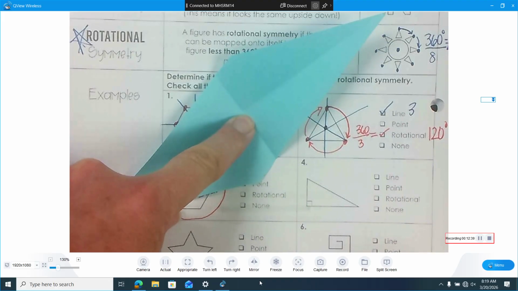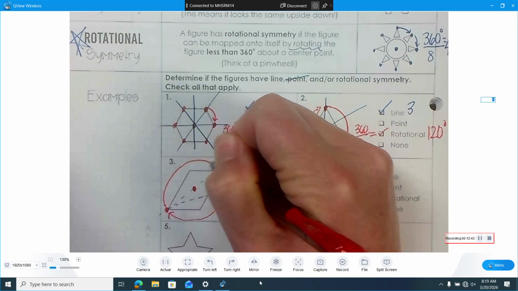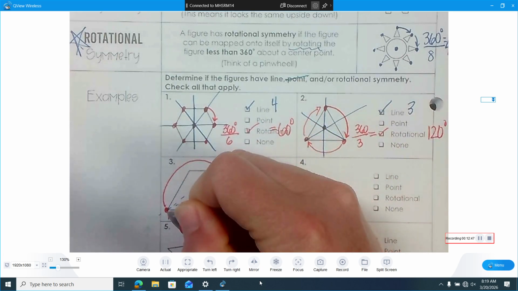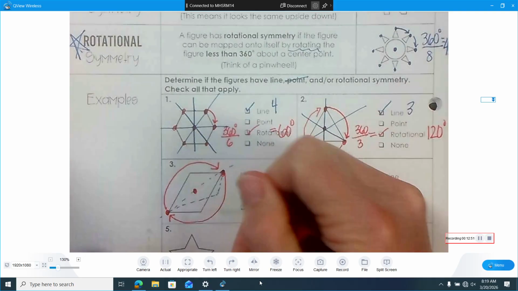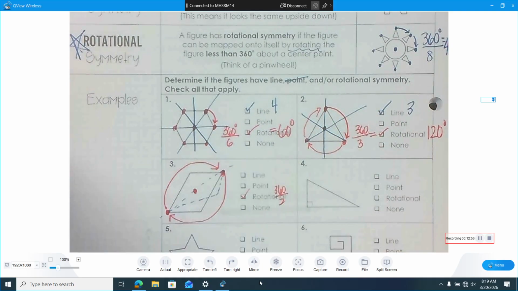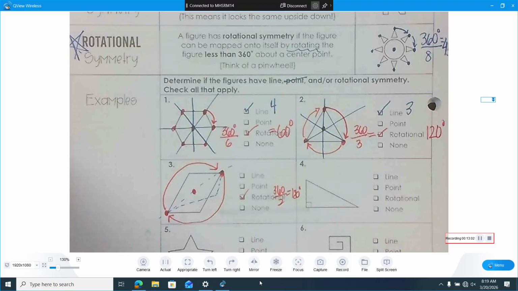Does that make sense to you? Okay. So this one could spin from this longest corner all the way to the other longest corner. It has rotational symmetry. We've got 2 points that we could use to rotate to themselves. And so that would be 180 degrees for rotational symmetry.